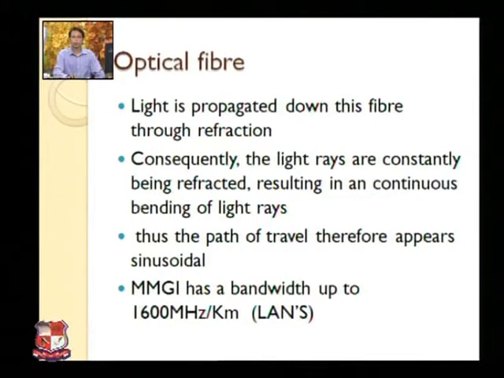As I said, due to constant refraction at the interface due to the decreasing refractive index of the core, the light rays will bend at the refracting side and it will appear as a sinusoidal path. That means MMGI, that is multi-mode graded index, has a bandwidth of 1600 megahertz per kilometer.